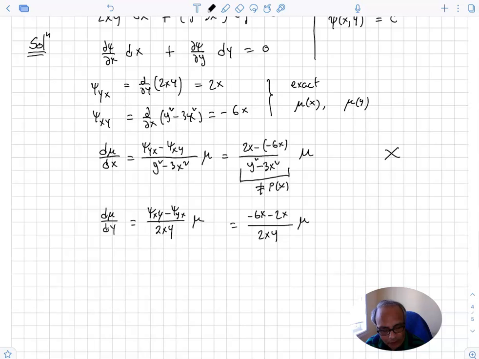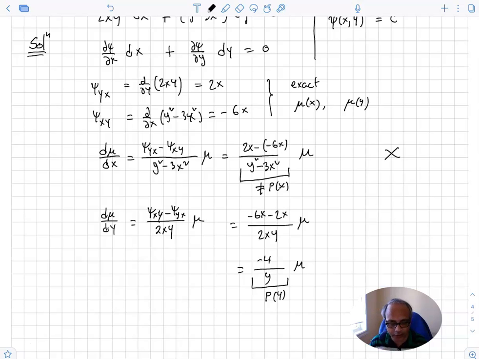And now, fantastically, you see that you have minus 8x on the top and 2xy on the bottom. So assuming x is not equal to 0, you can cancel it, so you get negative 4 over y times mu. And the coefficient of mu, now you see that this is a function of y.